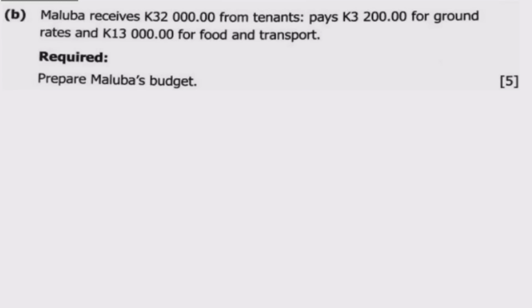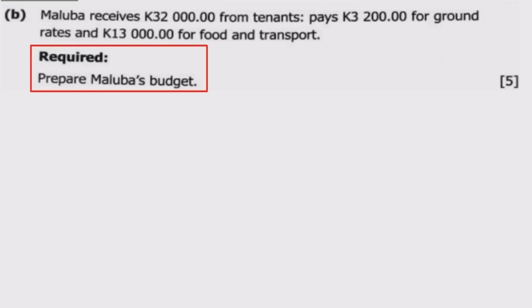So Maluva receives 32,000 kwacha. He makes payments for ground rates, which is 3,200, and then he spends 13,000 kwacha for food and transport. What are we required to prepare? We are required to prepare Maluva's budget.